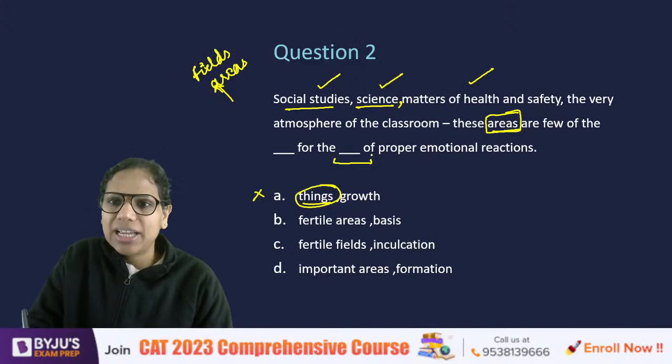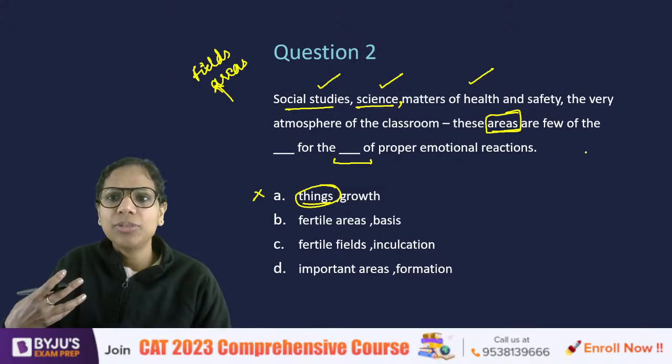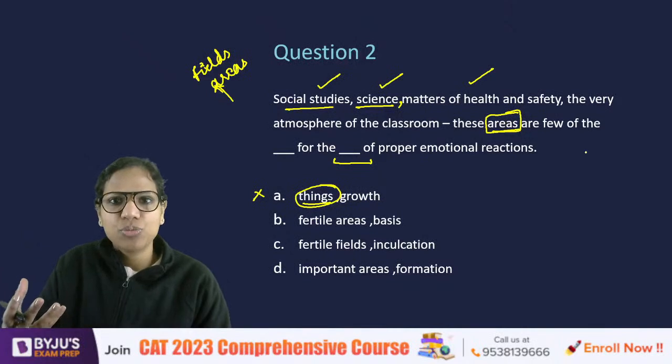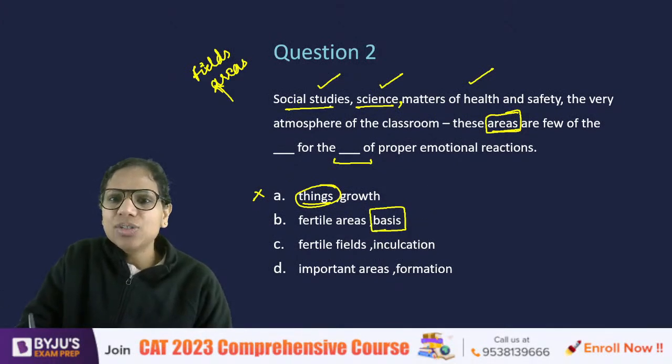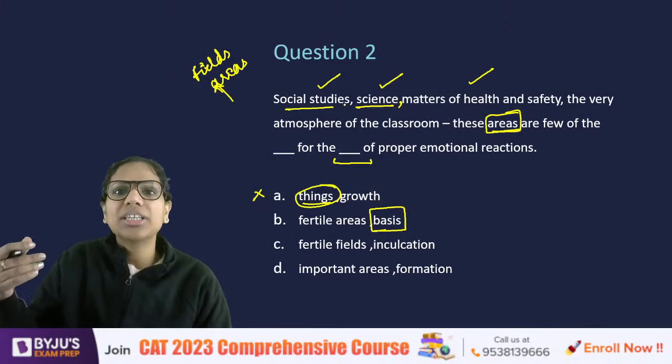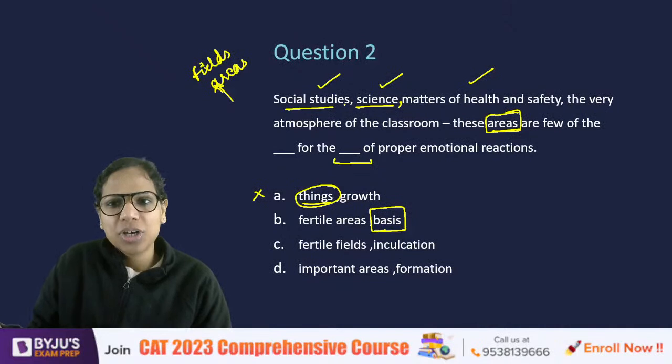But tell me something. In the second blank, now again I'm going by the context. These areas are few of the dash for the dash of proper emotional reactions. We are probably trying to cultivate proper emotional reactions, right? Now, for the basis of proper emotional reactions, does that make sense? Can these form the basis of your reactions, or can they help you to cultivate, grow, inculcate, form your emotional reactions?